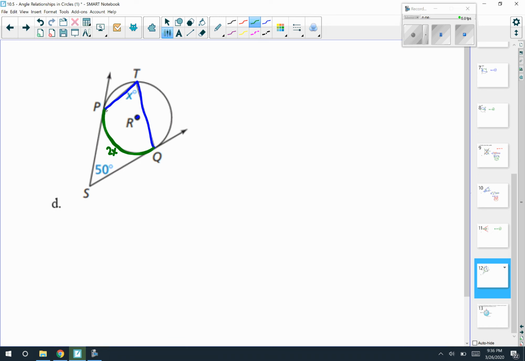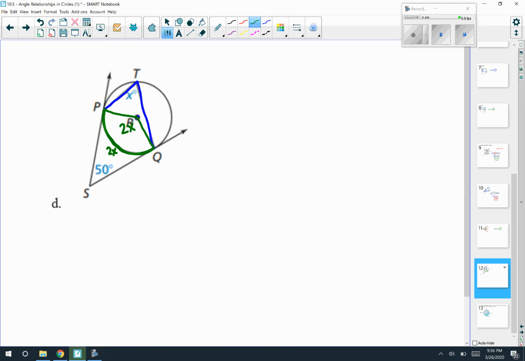Well, then I'm going to take my arc and I'm going to connect it to my center. So if we have an inscribed one, the blue angle, it's half of the arc. But if we have the green angle, which is a central angle, it is equal to the arc. Okay, so keep that in mind.